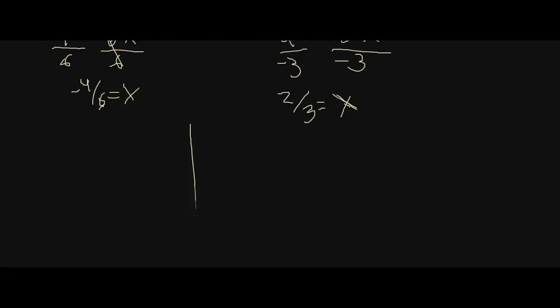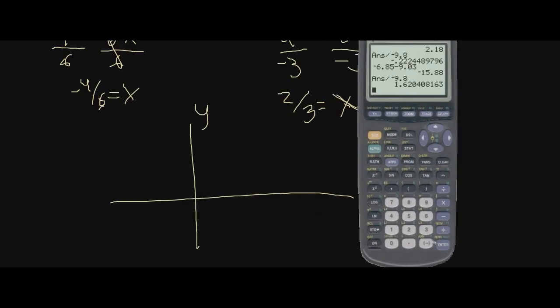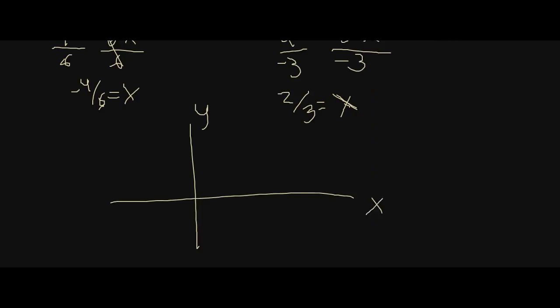So what that means on my graph is, this is my x, this is my y. One of my roots is negative 4 divided by 6. I think it should be 0.75 or something like that. Let's verify that. Negative 4 divided by 6 is negative 0.6666.